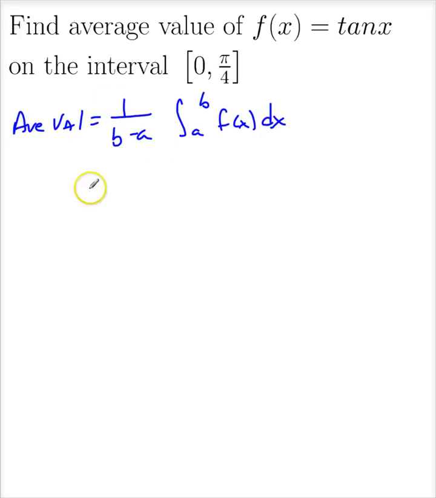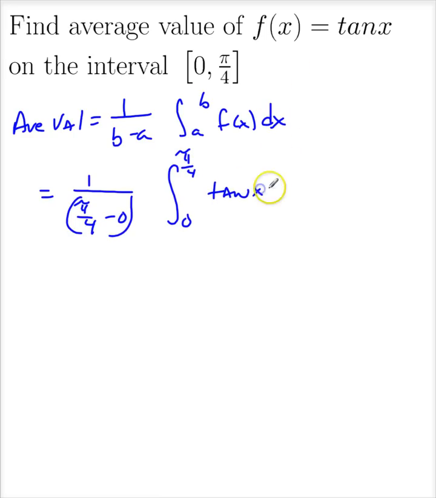And I still want you to write this formula down. So it's 1 over pi over 4 minus 0 times the integral from 0 to pi over 4 of f of x is tan x dx.